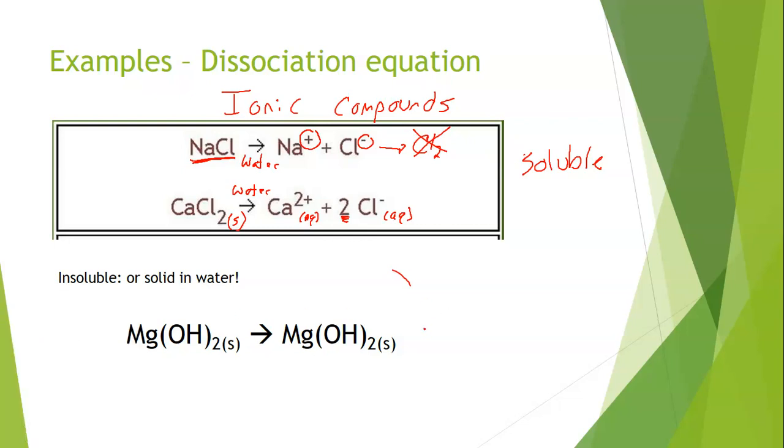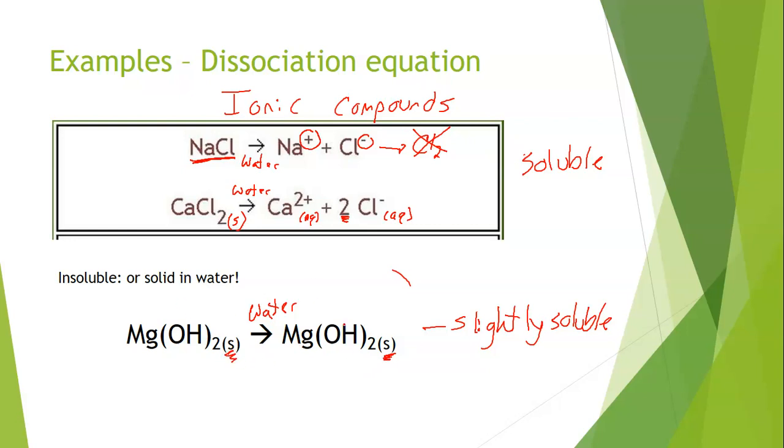So what that means is, I'll show you what that means in a second. But notice here, if you look on your solubility table and you see magnesium hydroxide, it's going to be a solid. And when you mix this one with water, notice how now this is not aqueous. This is a solid. So that's what slightly soluble means.